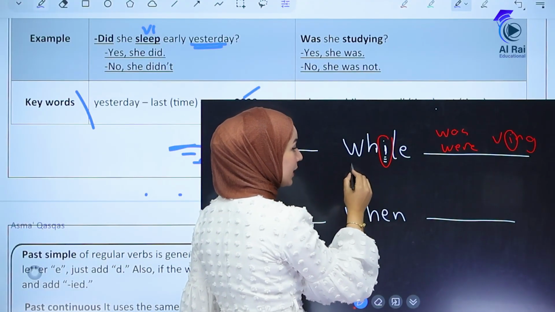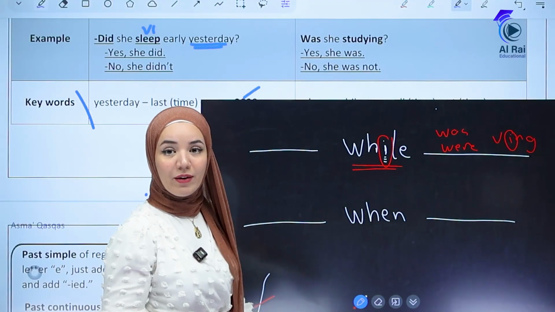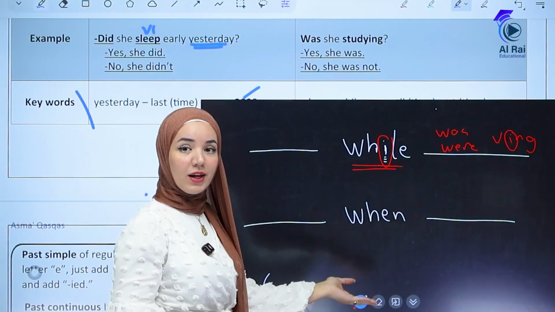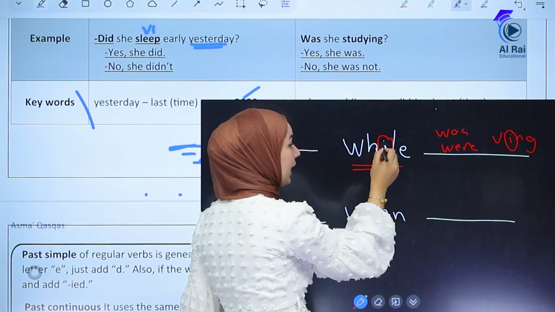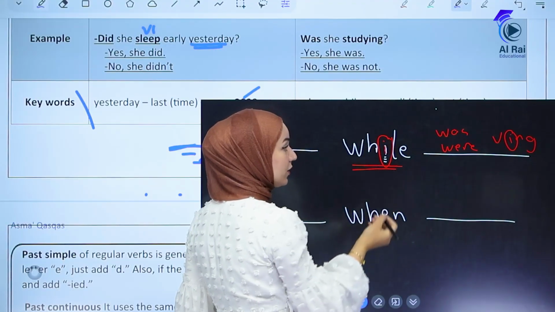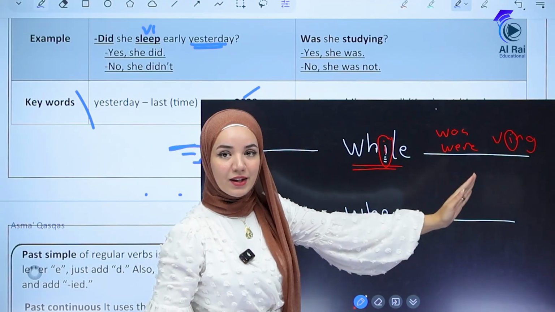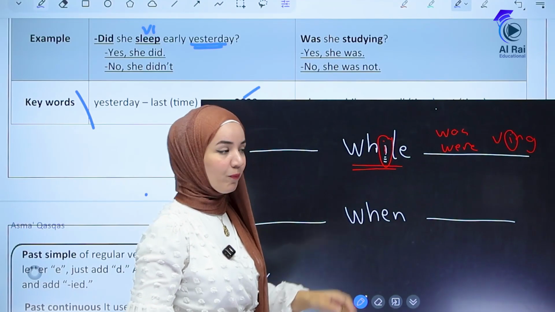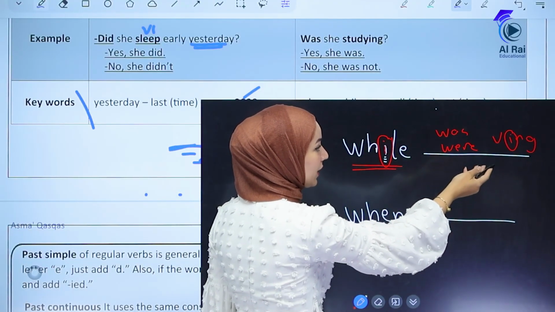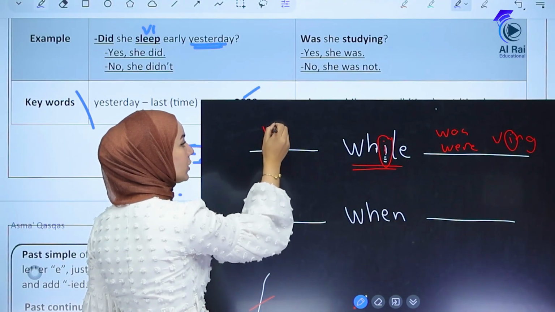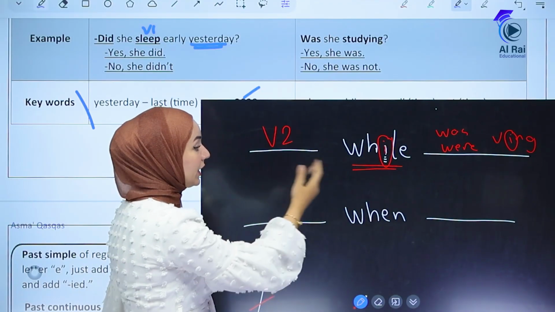So if you see while and you don't know what you have to write, verb two or was, were, ing, you need to remind me and look, there is a letter I. Because of that, I need to use ing form. Ing, ing, okay? So if this section is past continuous, was, were, ing, of course, the other one is going to be verb two, that means past simple. Good? Good.